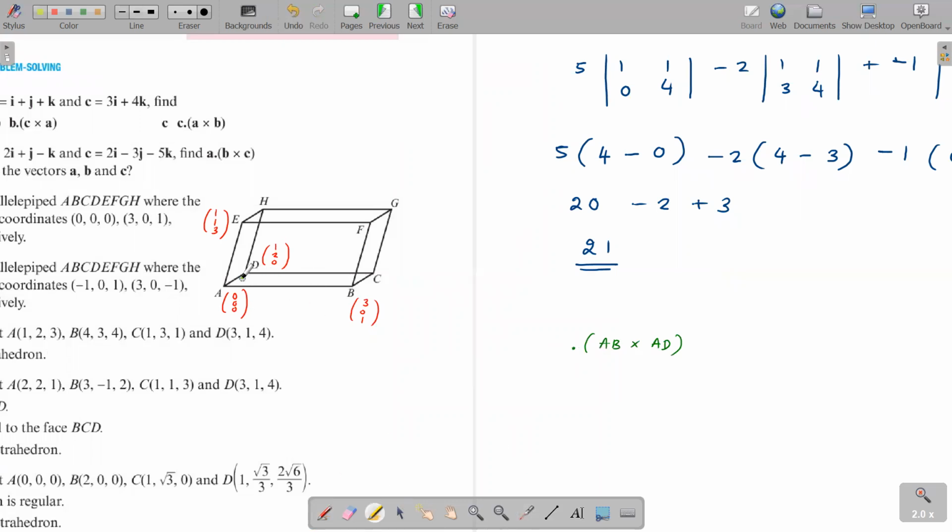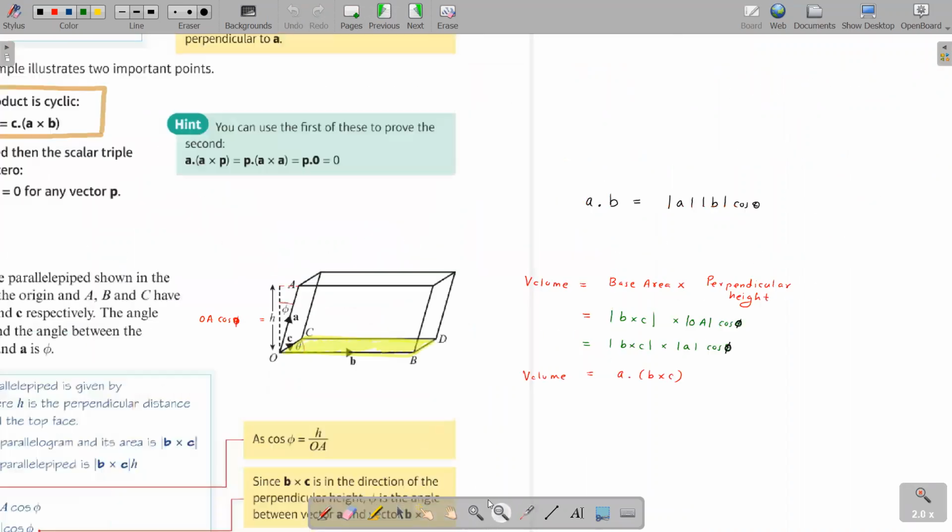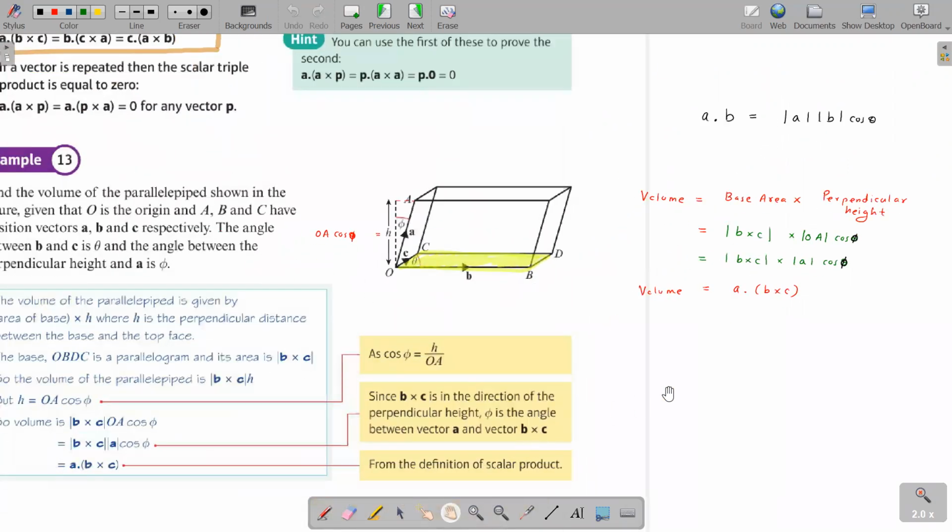With AE. That's how the earlier dot product worked, right? So this is the volume equation: volume equals AE dot AB cross AD, or AD cross AB. This is clear? Okay, so let's find the value here.